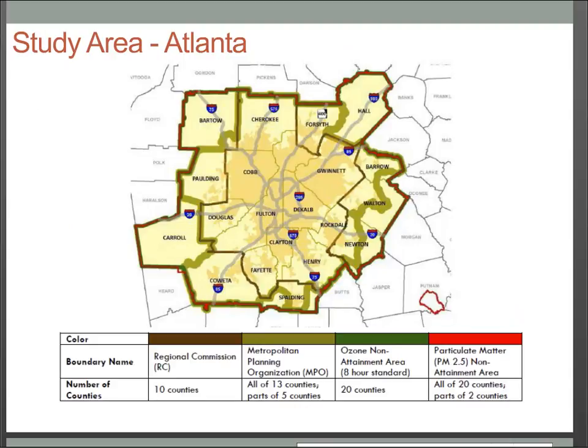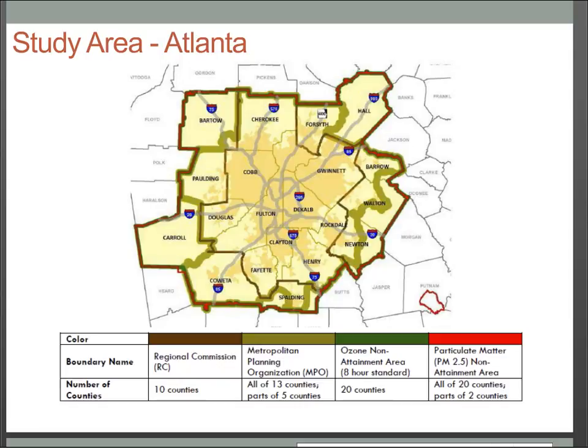So I just wanted to dive a little bit into my dissertation research and show you some of the diverse data sets that I used for my research. The objective of my research was to develop a framework for regional land use planning and how to incorporate health into that.